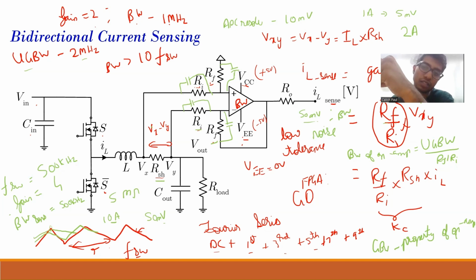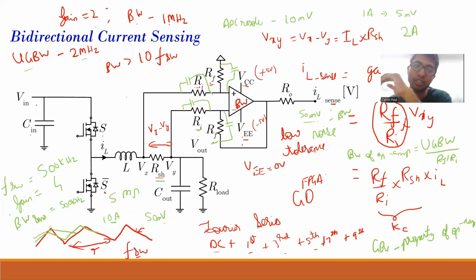Another thing is that noise will also come in the sensing circuit, so you don't want your bandwidth to be too high. You need to limit the bandwidth as well. I had not told this earlier, but there is a requirement to limit the bandwidth to reduce the noise from affecting.